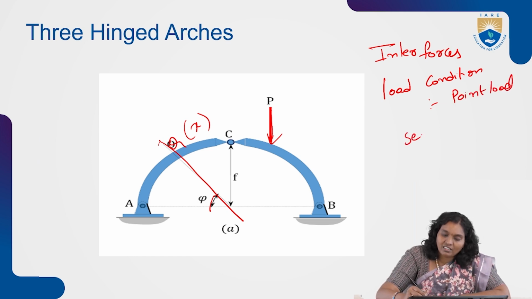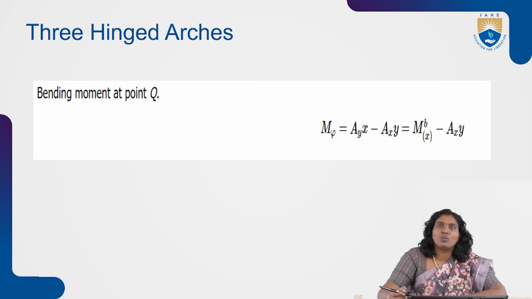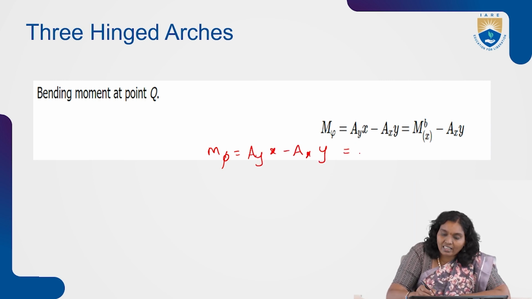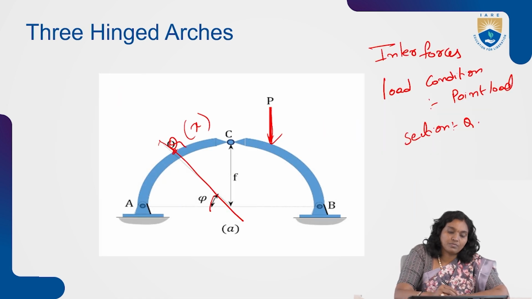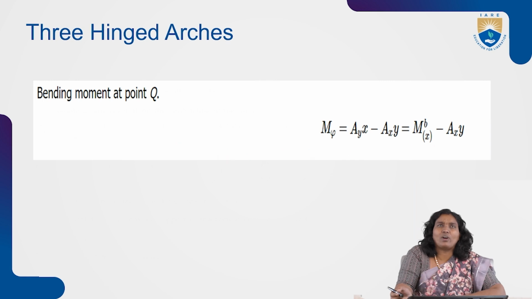The cut section is Q. Now, the bending moment equation, with respect to the angle, is Ay into x minus Ax into y, and the bending moment along the x-axis for that particular point Q. So these are the conditions which we are going to understand.